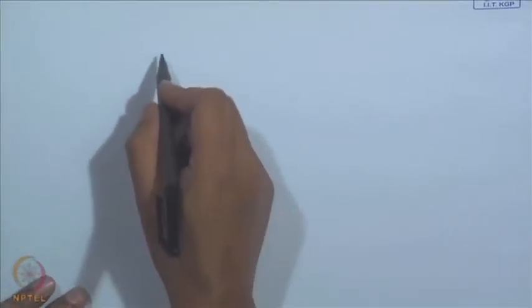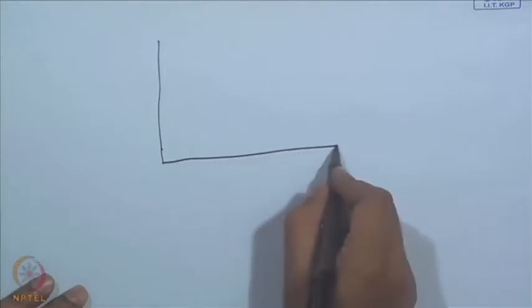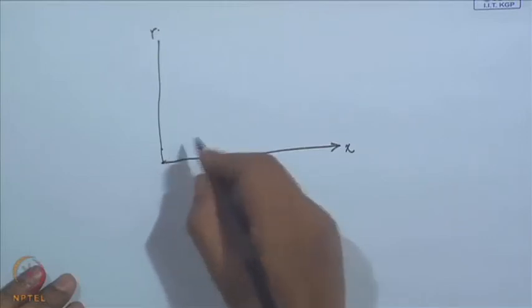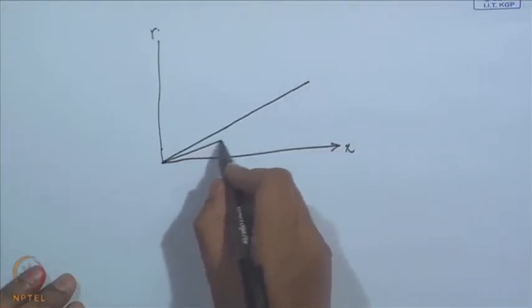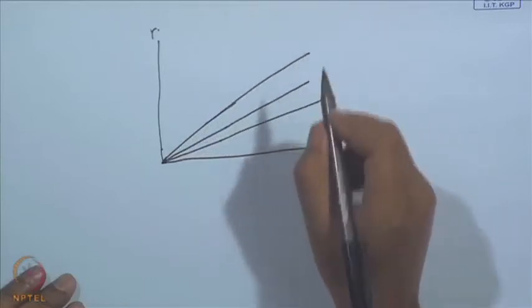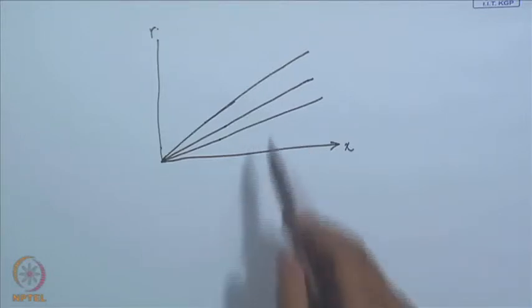And see, these are the x by r equal to constant lines, and if we consider the complete axisymmetric body or complete axisymmetric case, all these lines are generators and each of them forms a conical surface.